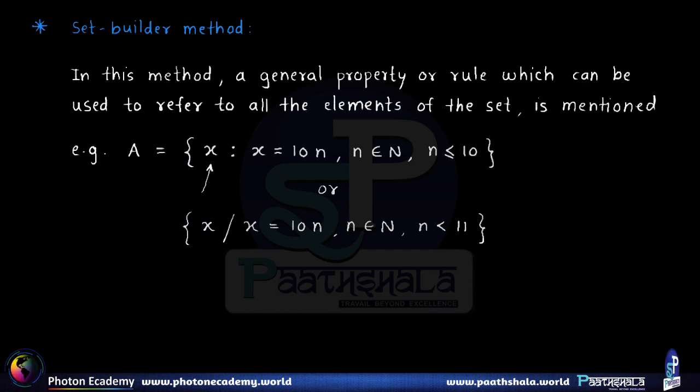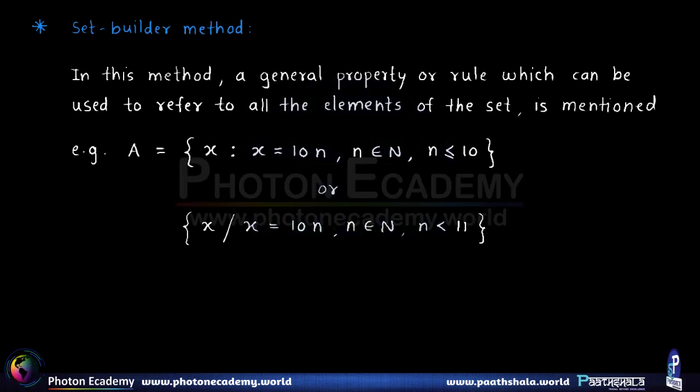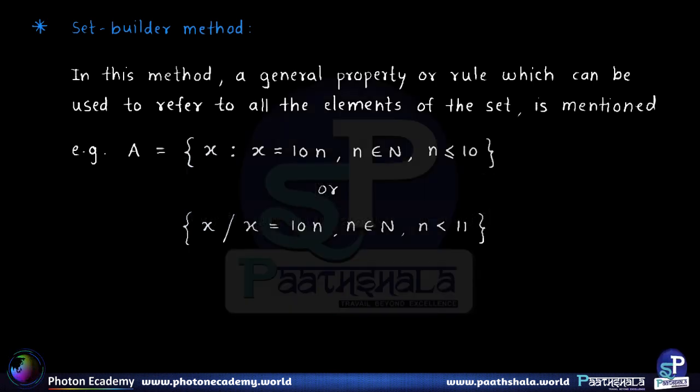Now x is such that it can be written as 10n, that means it is 10 into n, where n belongs to capital N. That means we know that n is a natural number, but n is also less than or equal to 10. So that means n is a natural number which is less than or equal to 10, and taking this n, if we consider 10n, then that gives us a particular value of x, and the set of all such possible values of x is set A.